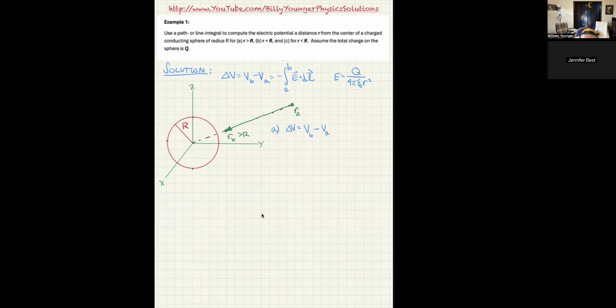And the way I'm going to handle that is I'm going to pretend like RA and RB are finite distances, but then I'm going to take the limit as RA approaches infinity, and that will allow me to implement the voltage being zero at that point. And this is all going to be the integral from A to B of Q over 4 pi epsilon naught r squared.